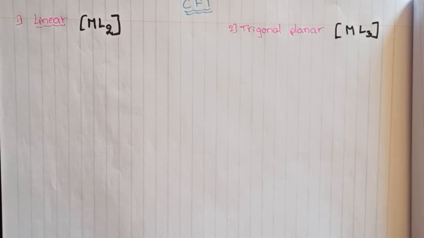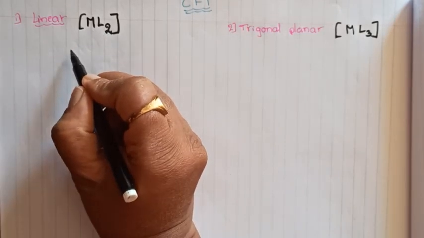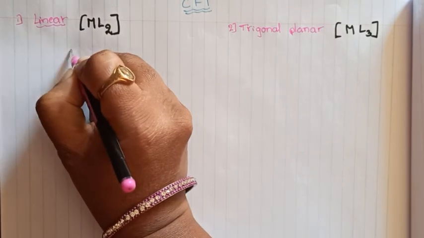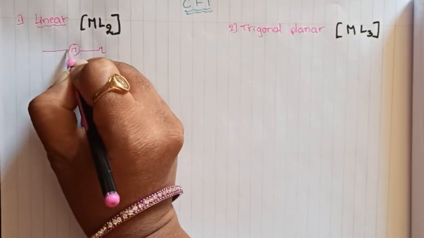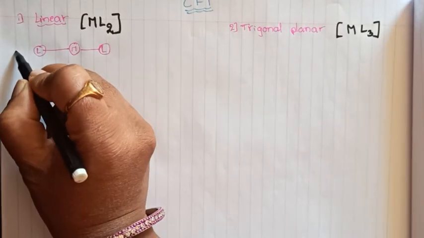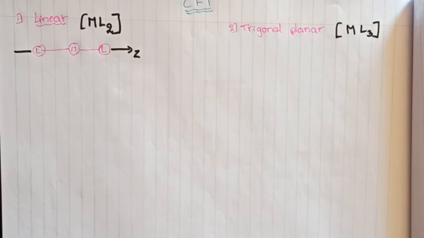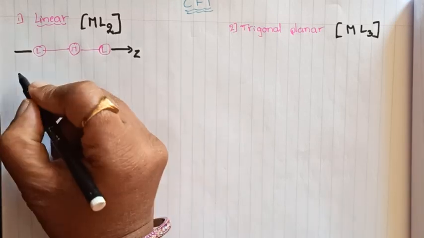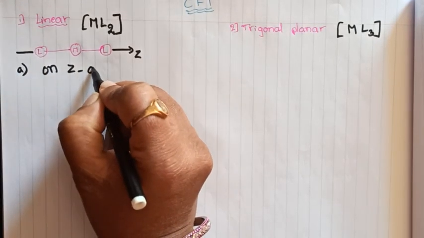First one, linear geometry. In linear geometry, the metal will be surrounded by two ligands. Let's see how it looks. The metal has two ligands, and if you draw an axis, generally it lies on the z axis. Now the ligand approach is only on the z axis.